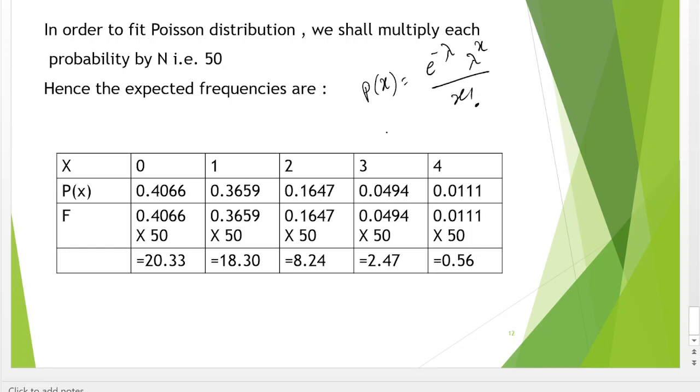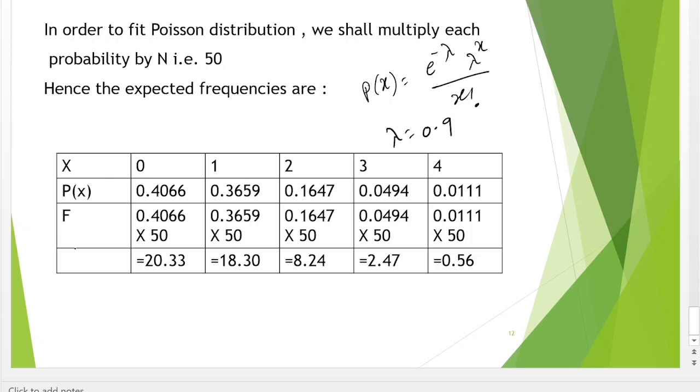Here lambda is 0.9. When x is 0, we get the probability value 0.4066. For x is 1, the probability value is 0.3659. For x is 2, it is 0.1647. For x is 3, it is 0.0494. For x is 4, it is 0.0111.